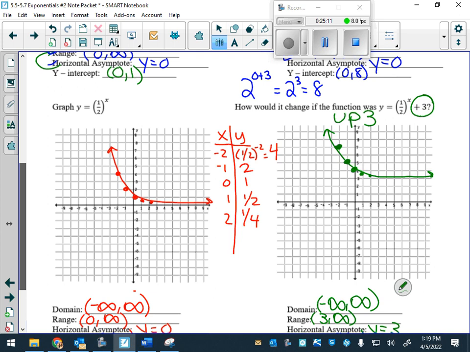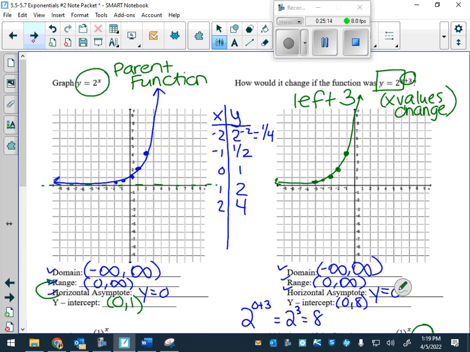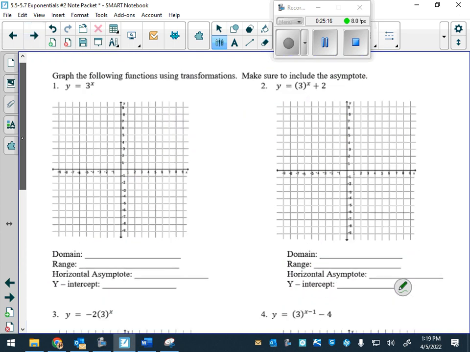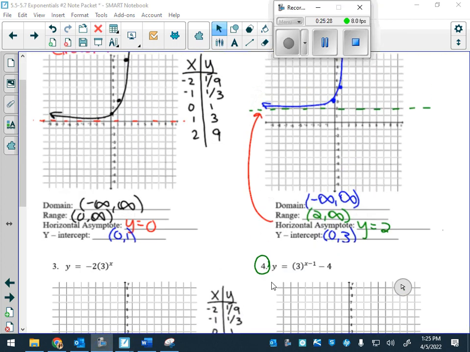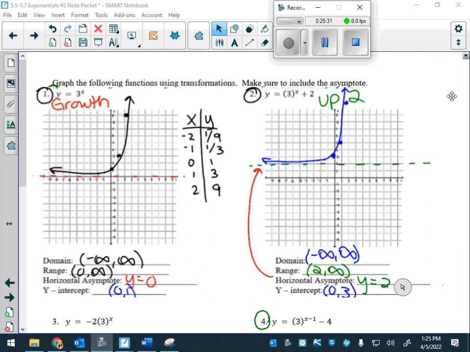Those 3 changed. Okay, so you guys are gonna try a few. Okay, 1, 2, and 4. I want you to try those on your own. Go ahead. All right. If we look at 1 and 2, very basic, very similar to what you just saw. For number 1, obviously it's a growth, 3 to the x. You're increasing. Your horizontal asymptote is 0.